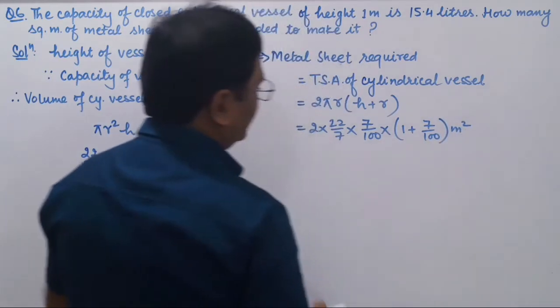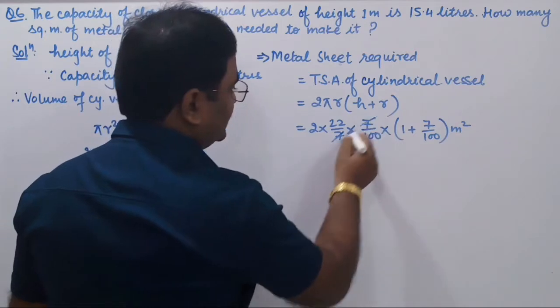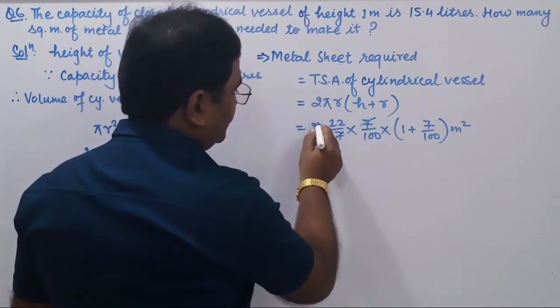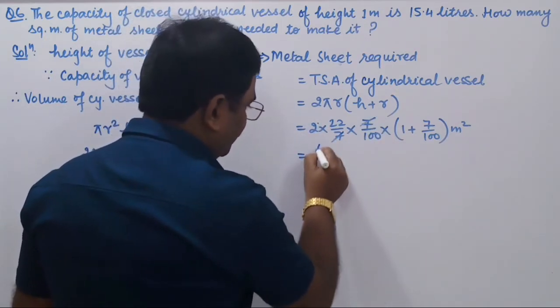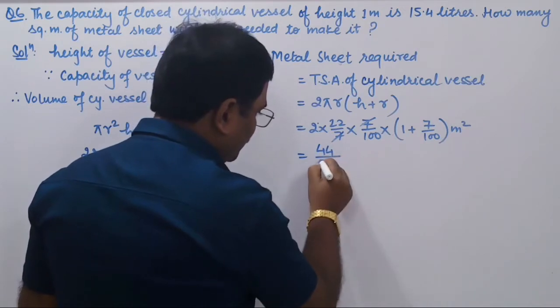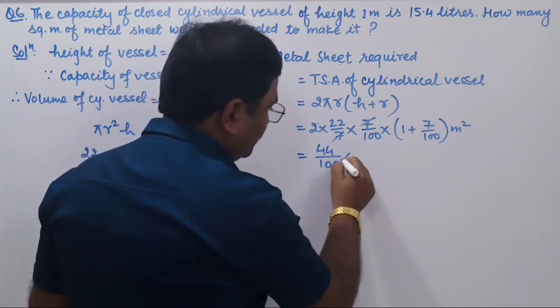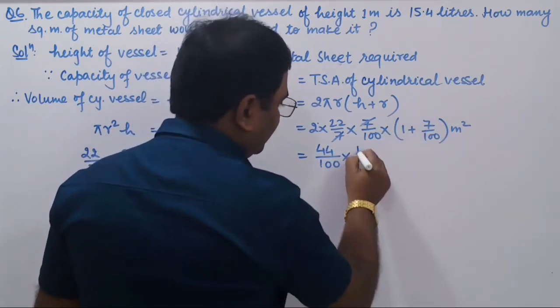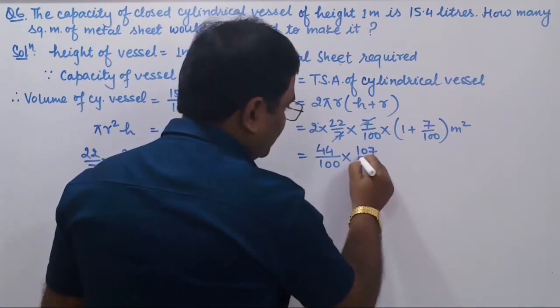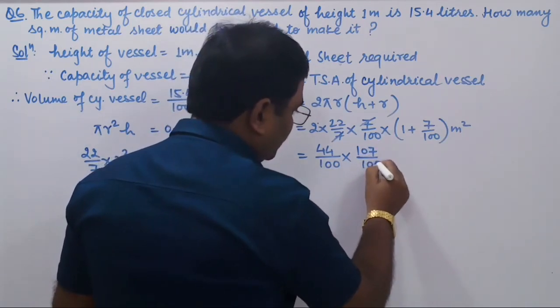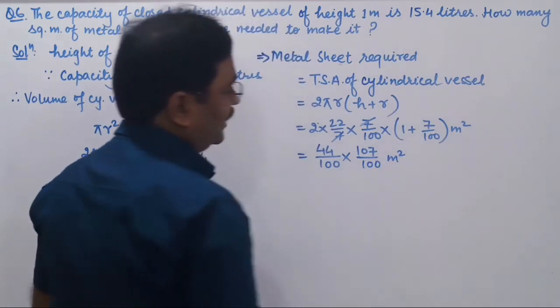So let's simplify. 7 is cancelled. So you'll get 44 upon 100 multiplied by, when you add it, 107 upon 100 meter square.